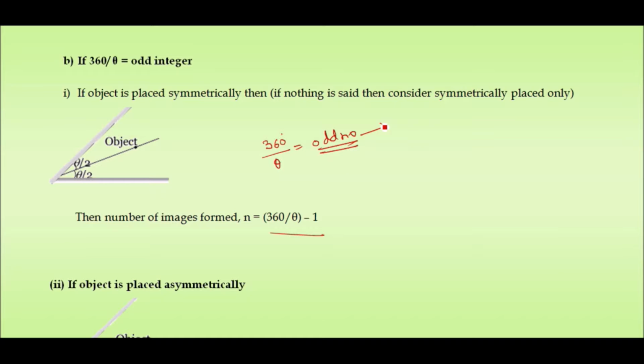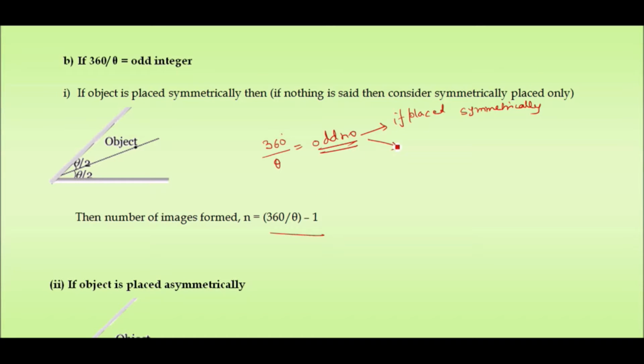Then two cases are formed. First is if placed symmetrically, which means the object is placed at the angle bisector of this angle. So symmetrical means the object is placed on the angle bisector line, and in this case we see that the number of images formed is 360 by theta minus 1.